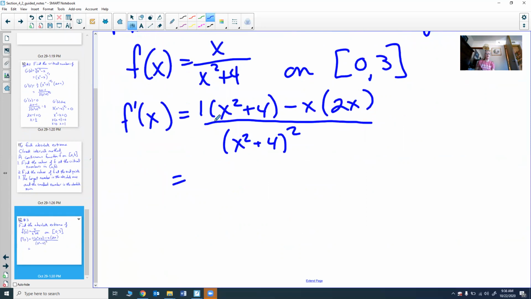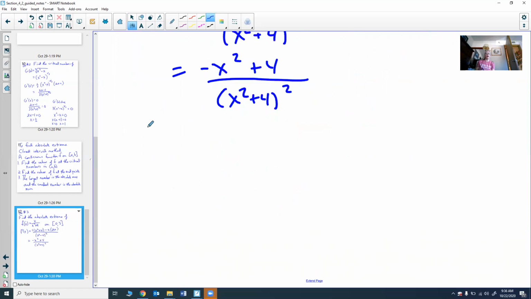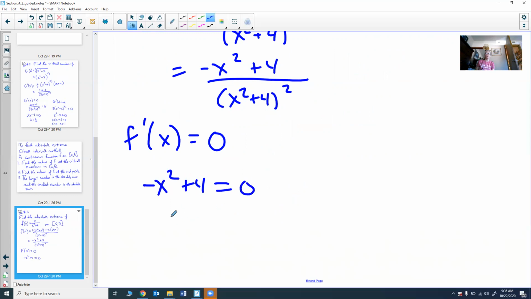There's an x² here minus a 2x², so that's (−x² + 4) over (x² + 4) squared. Now we're going to look at where that derivative is 0. Since it's a fraction, it's just when the numerator is 0. That's when x² = 4, so x = ±2.